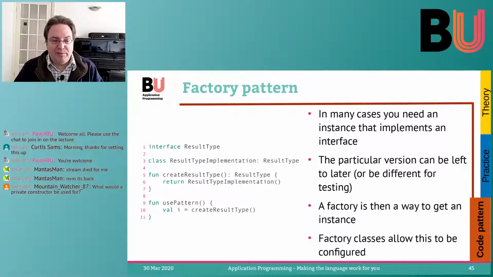If you have a factory, then it becomes very easy to just change the factory or put in a different factory for your test code rather than for your implementation code. There's different ways of doing that. And basically factory, or you can have a configuration.